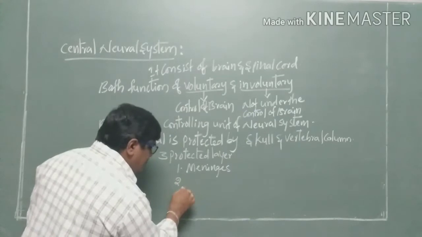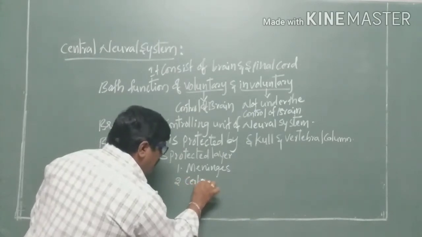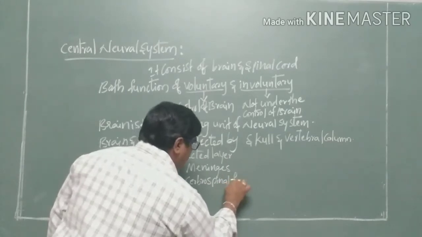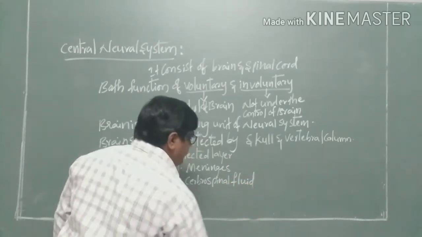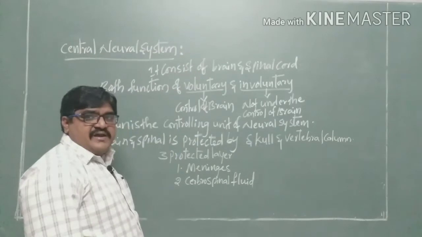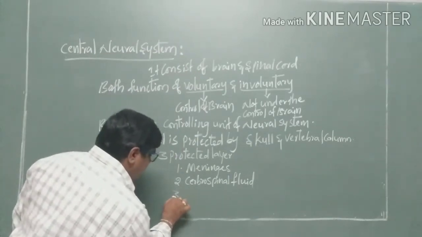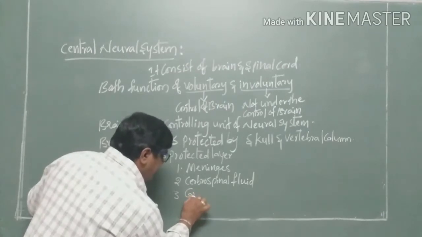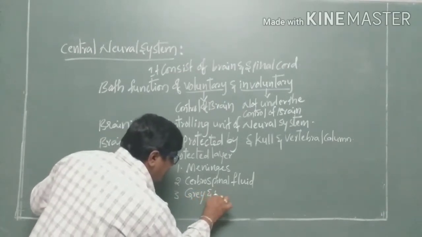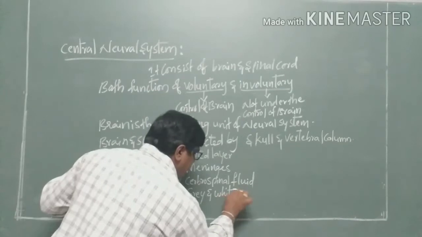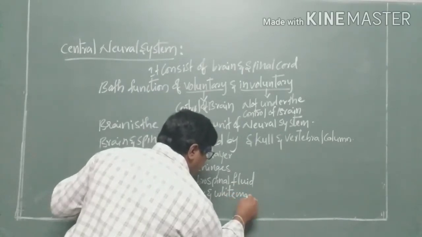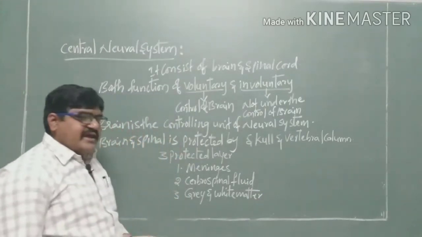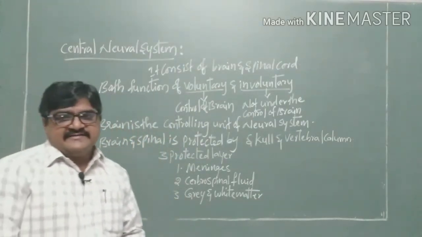The second is called the cerebrospinal fluid, and the third is the gray and the white matter. These are the three types of coverings.